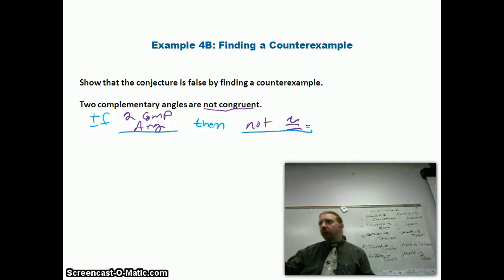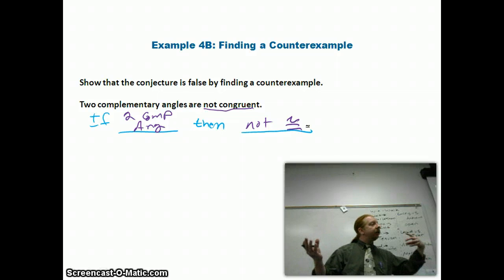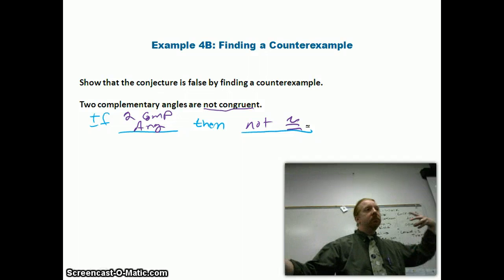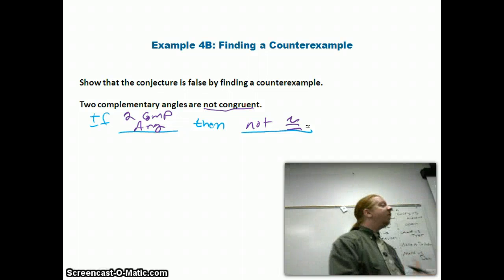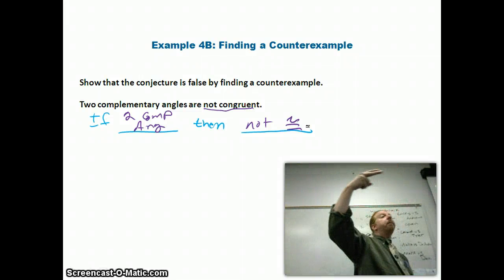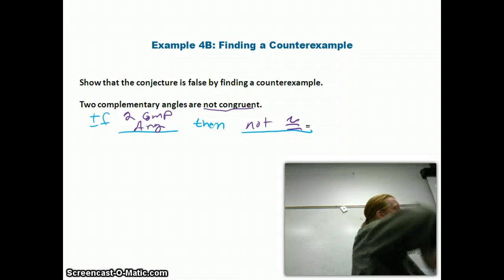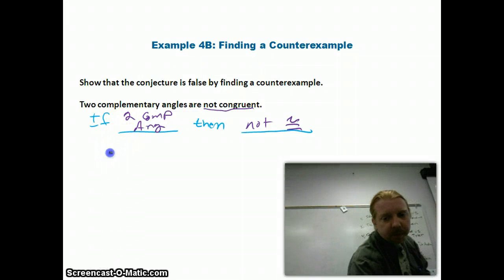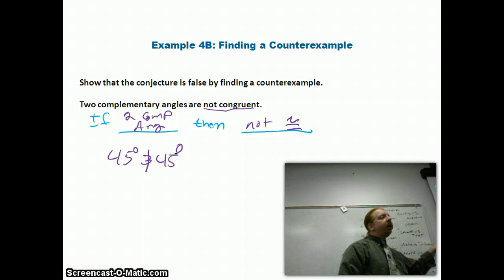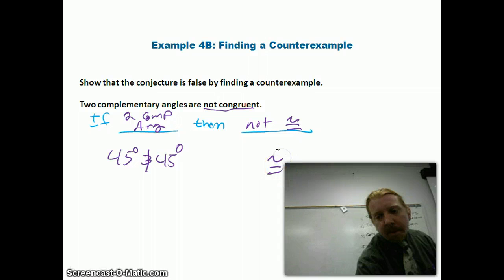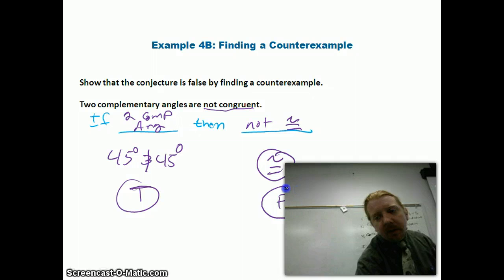So I'm looking for two complementary angles that are not congruent, which is the same as saying two complementary angles that are congruent. So can you think of any cases where I have two angles that add to 90, complementary, but are congruent? 45 and 45 will do it. Those are two angles that are complementary. They add to 90, but they're the same. So they make the first part of the statement true and the second part of the statement false.